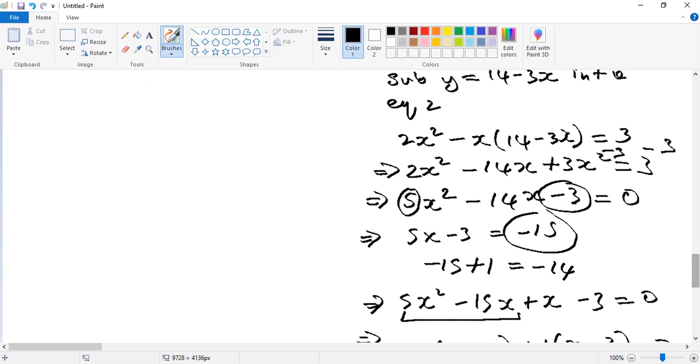Oh, so you get the 15. So you have to remember these things. In order to get the middle term, we say 5 times minus 3 is minus 15. And then we use factors now of minus 15 to determine what the middle term should be.